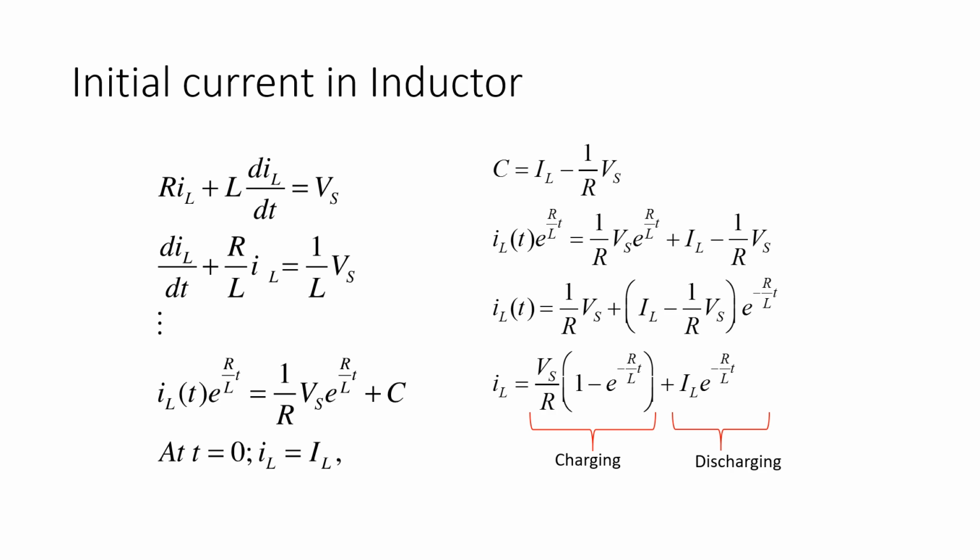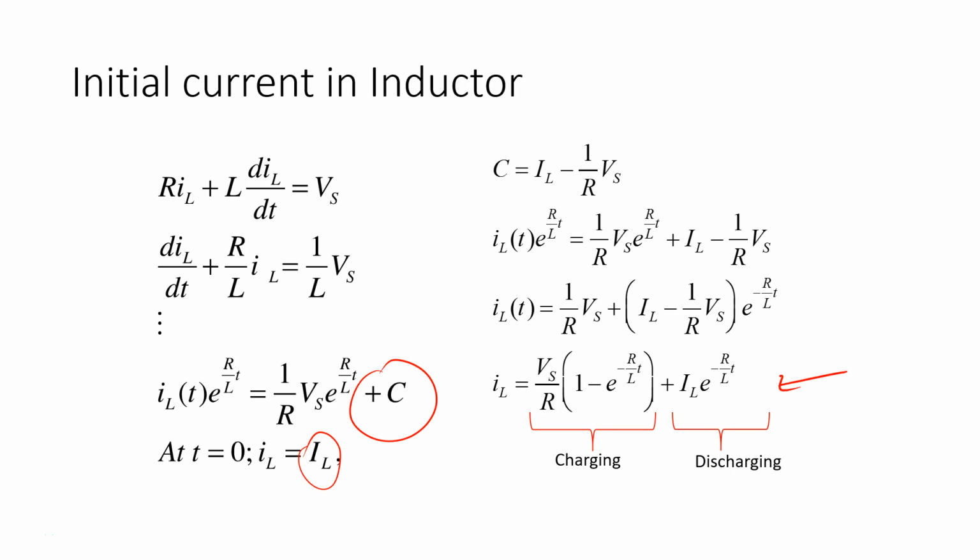And again, we have ignored so far what would happen if the inductor had an initial current through it. Just like in the case of the capacitor, we could take that into consideration when we solve for our constant by simply setting it equal to some inductor current. Then when we solve for it, we see that we get the superposition of a charging and discharging equation.